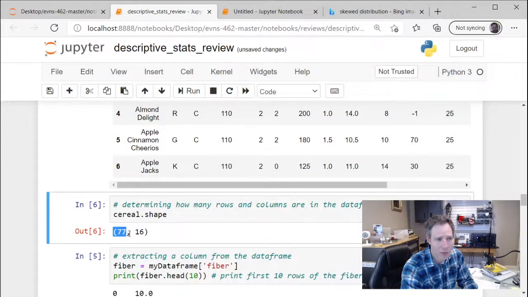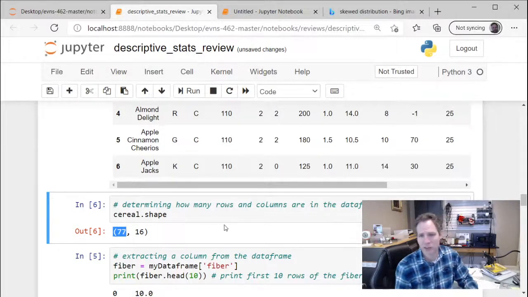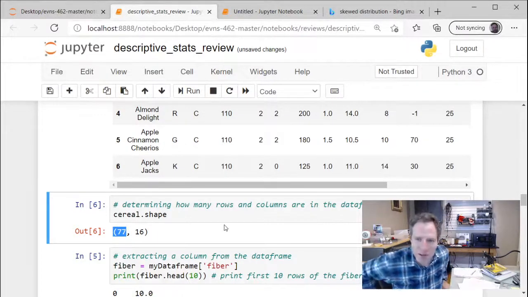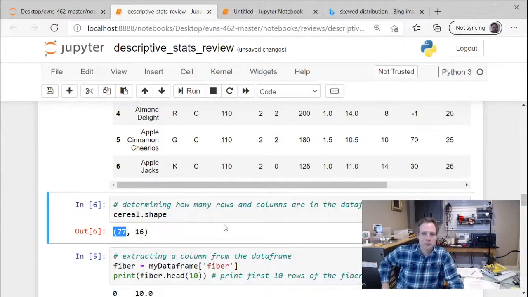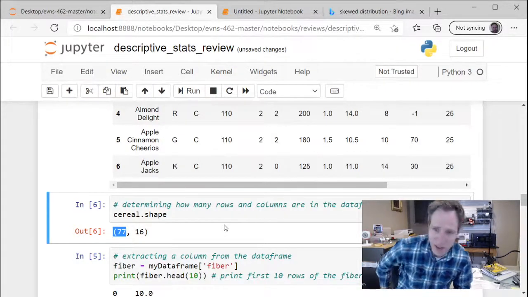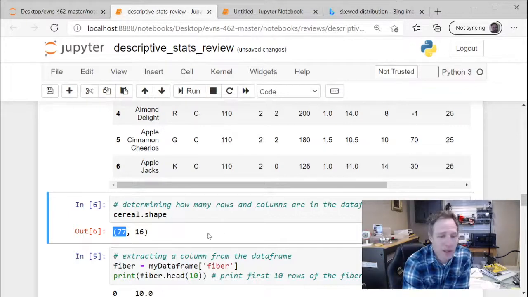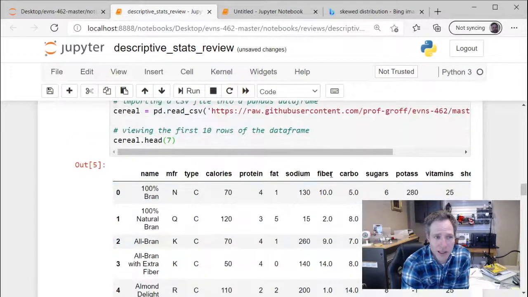The first number in the output is the number of rows in my data frame. That means in this data set there are 77 different kinds of serial. And the 16 is the number of dimensions in the data, so there are 16 columns in this data frame.